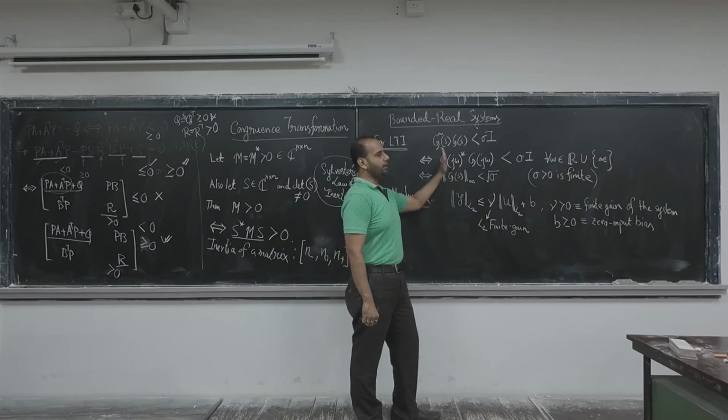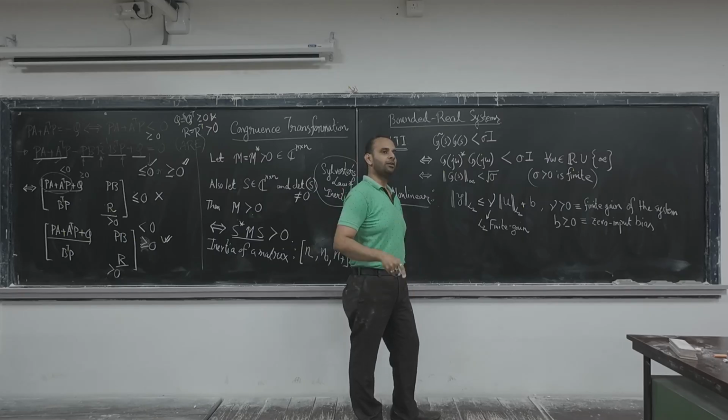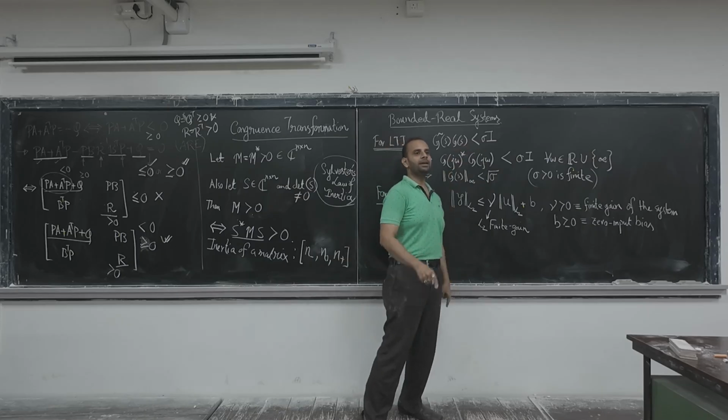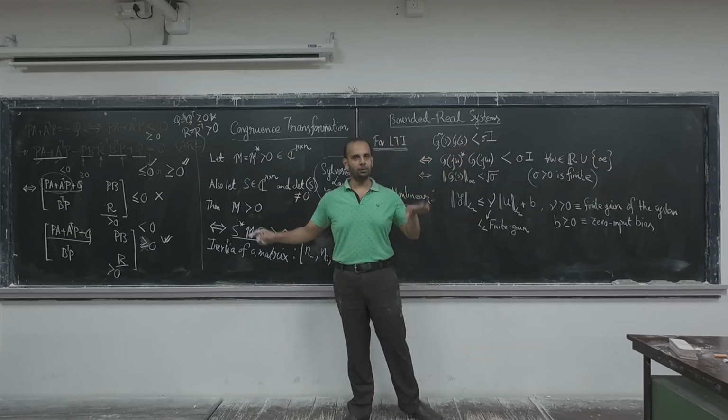Whenever you multiply a matrix transpose by the same matrix, you get the squares of the eigenvalues, which are directly related to the singular values through which you get the H infinity norm. We will do it based on that only.